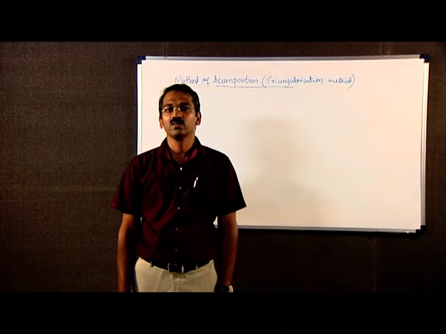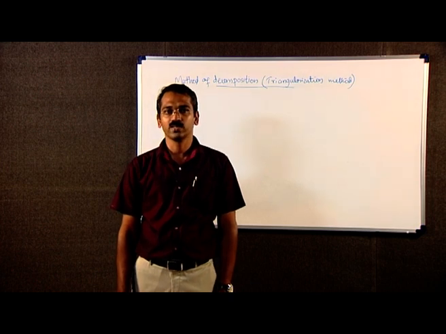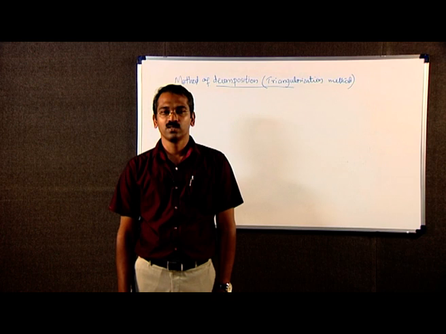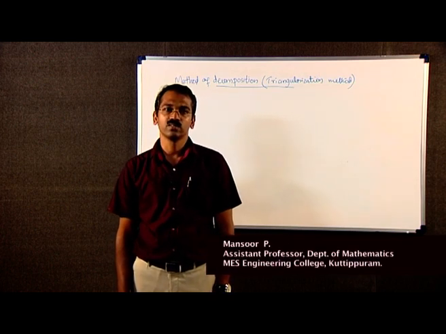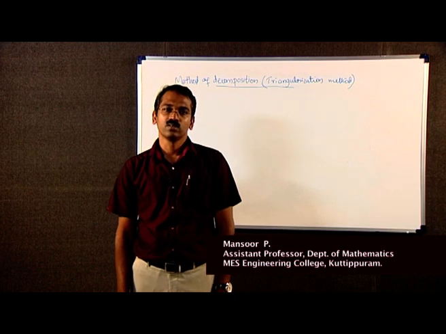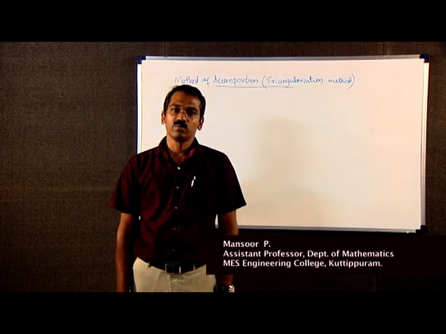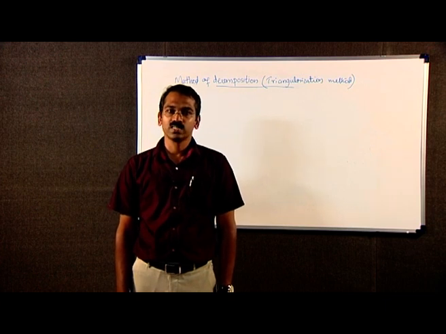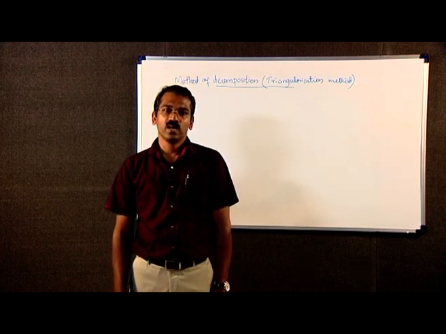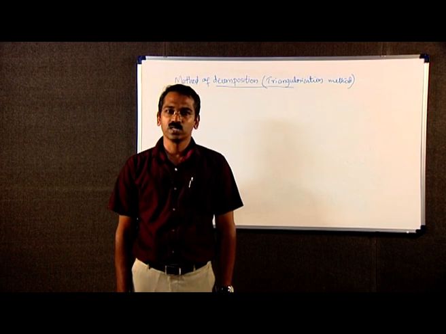Welcome back to the session Solution of Simultaneous Equations. In the previous session, we discussed two methods, namely Gauss elimination method and Jordan method, to solve a simultaneous system. Here, we shall discuss another method known as method of decomposition or triangularization method.